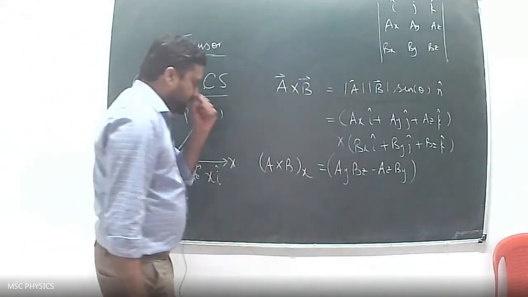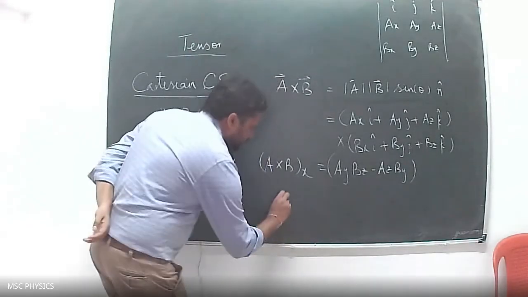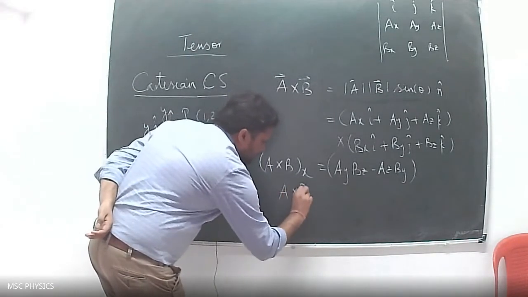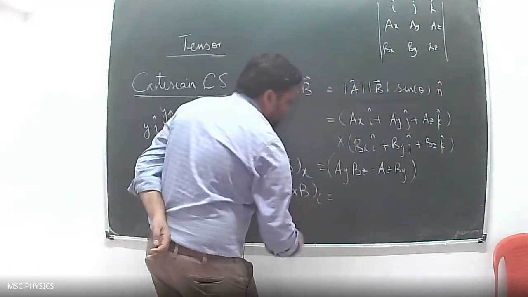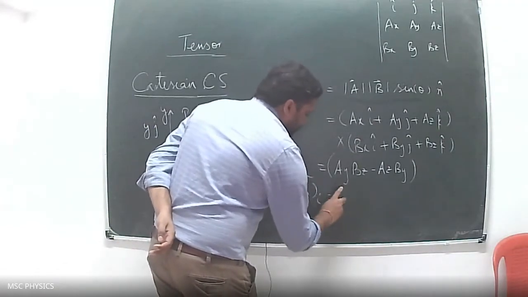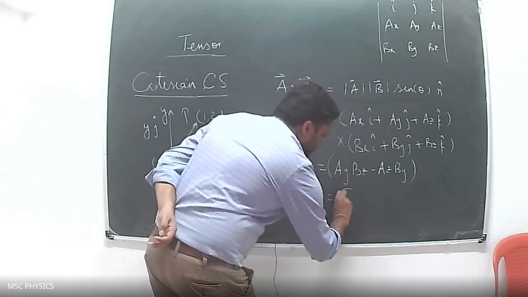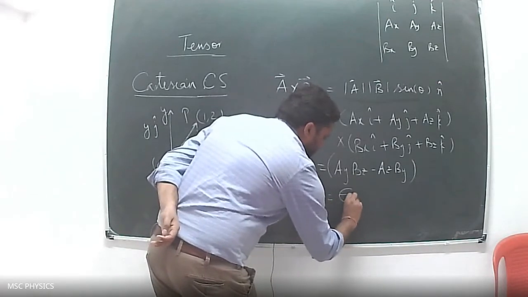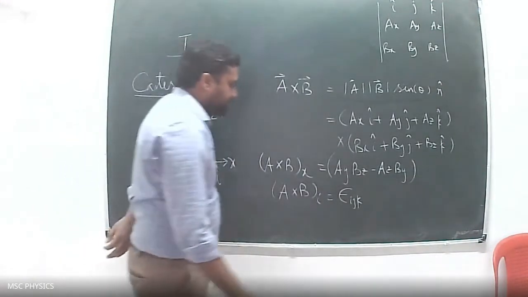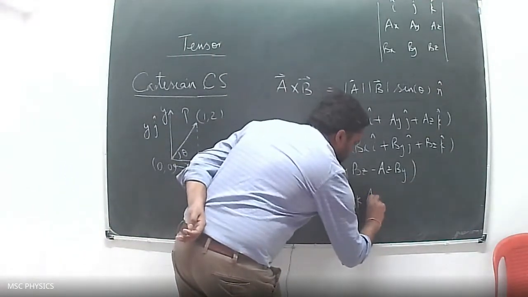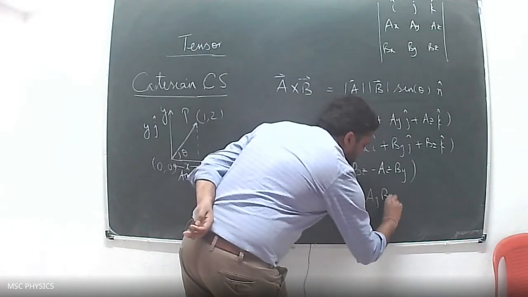And this can be written as, for A cross B, the ith component: if this is i, it will be written as sigma, or epsilon ijk, not sigma, it is epsilon ijk, and then aj bk.